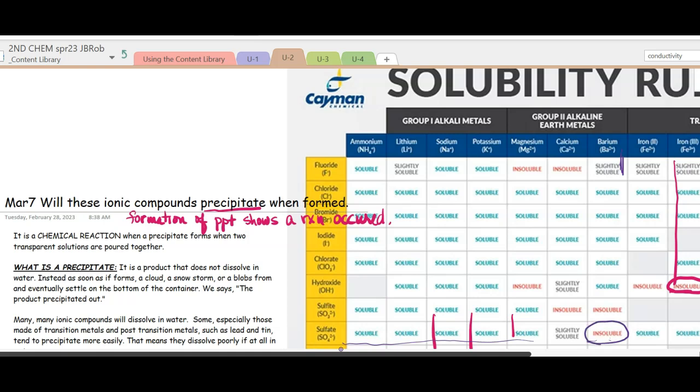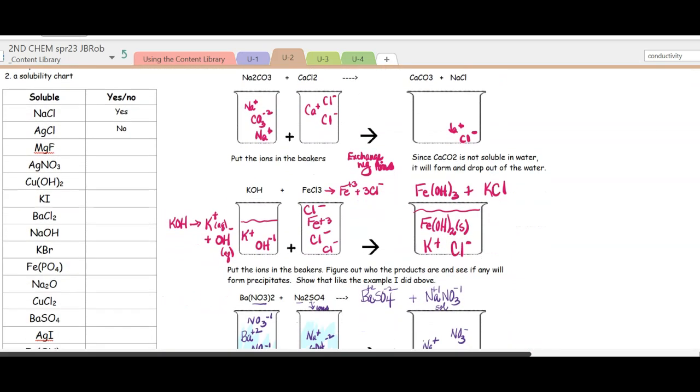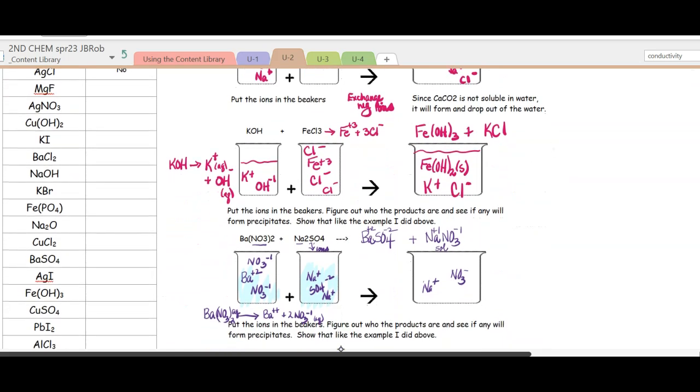So barium sulfate does not dissolve. All right, so we'd have BaSO4 forming. It would not break into ions because it is a solid and it would sink to the bottom of the solution. The solid won't form ions.